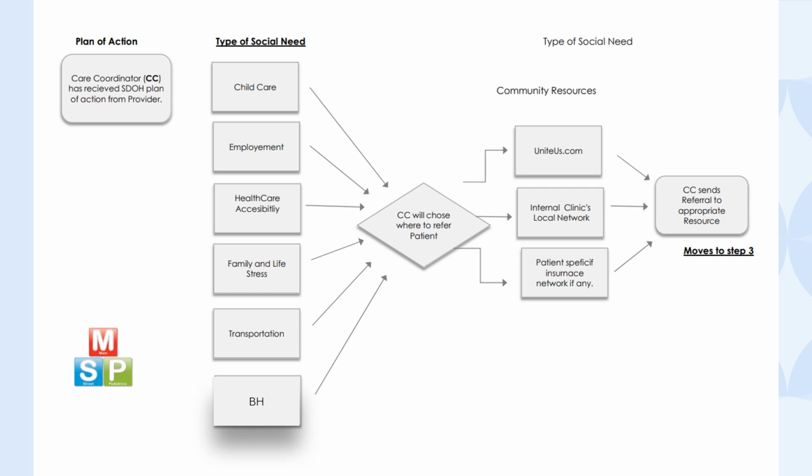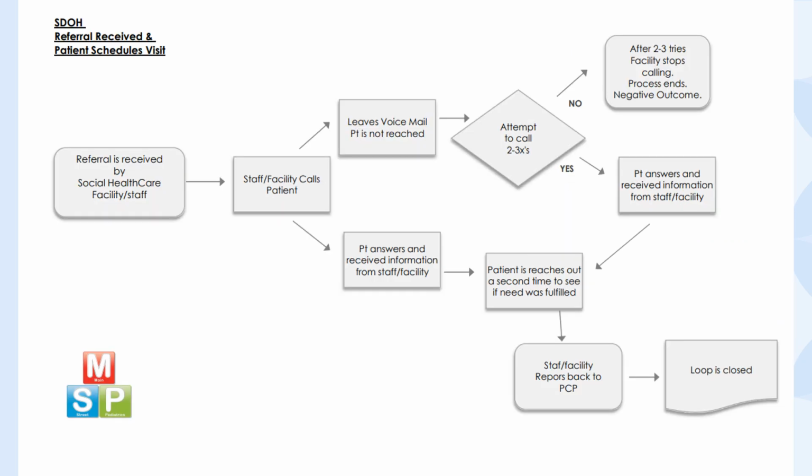Then the care coordination team chooses where to refer, either to unite.com or through different ACOs and their insurances, or to work them internally in our clinic, and then send the referral to the appropriate resource.